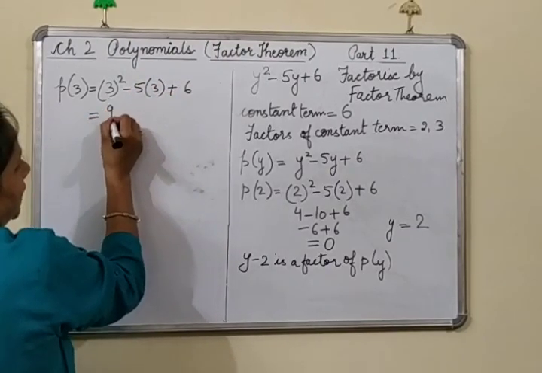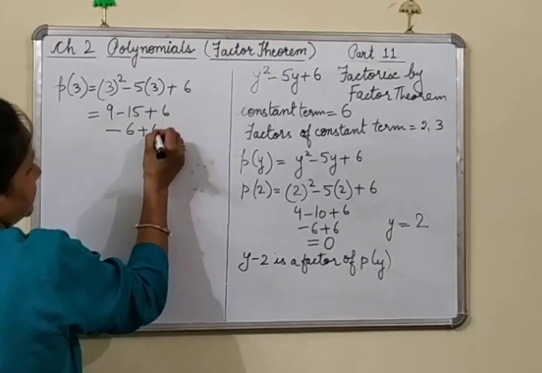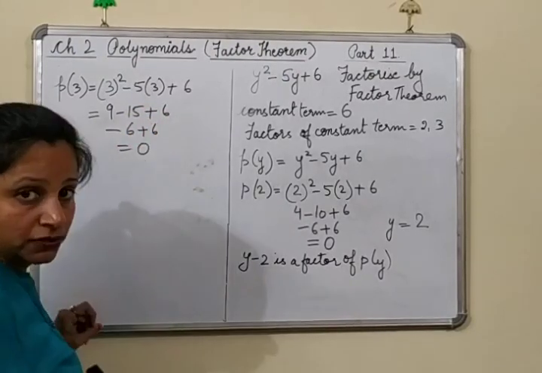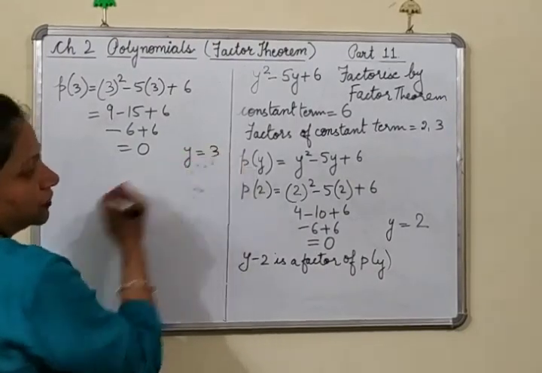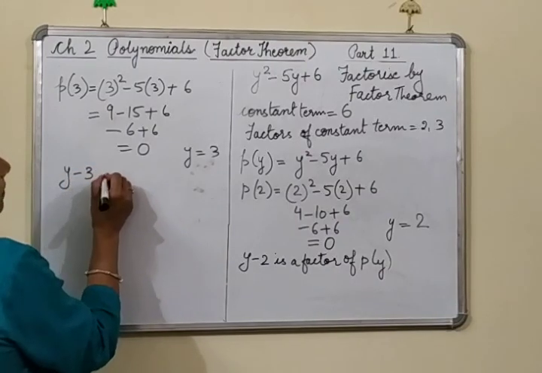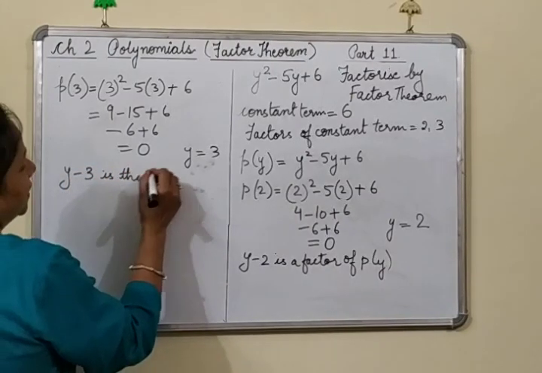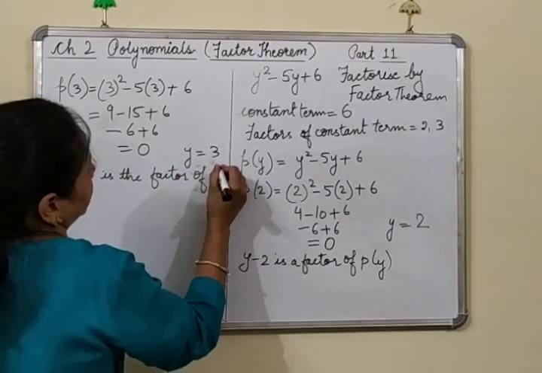This comes out to be 9 minus 15 plus 6, minus 6 plus 6 is equals to 0. This is 0. That means we took y is equals to 3, so we say that y minus 3 is the factor of p of y.